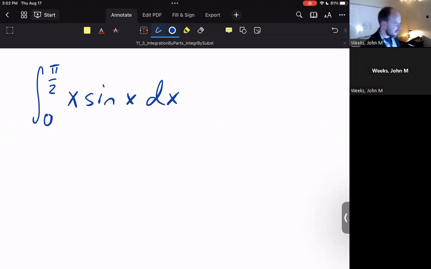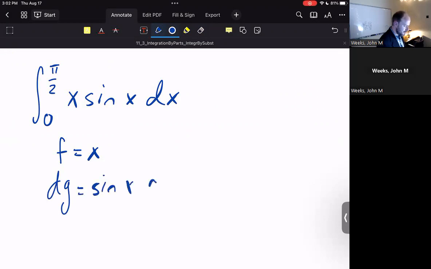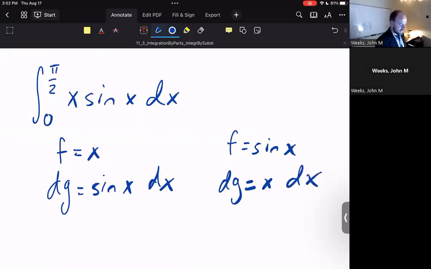And you can see here that even though one seems to be prominent over the other, it's not necessarily true that in this case f is equal to x and that dg is equal to sine of x dx, because I have other choices. I could have said f equals sine of x and dg equals x dx. The question is, which one gets me to a simpler integral to solve on the right-hand side of that integration by parts formula? Whenever I try and figure that out, that's what I should be aiming toward when utilizing this formula.